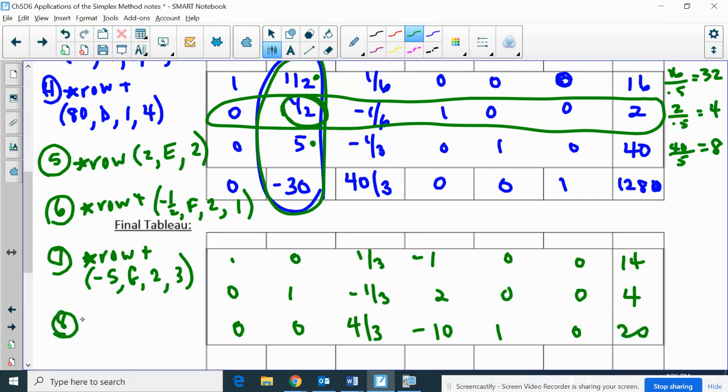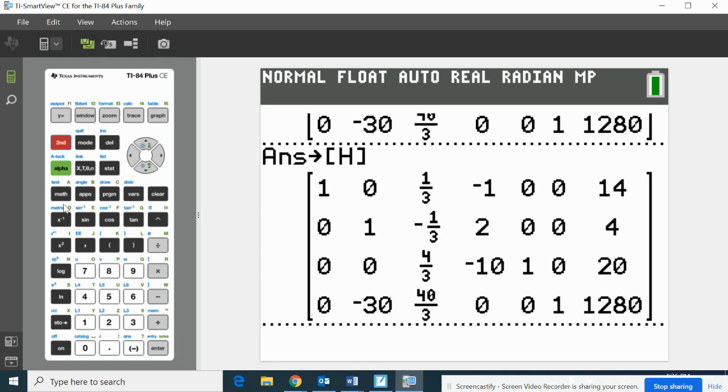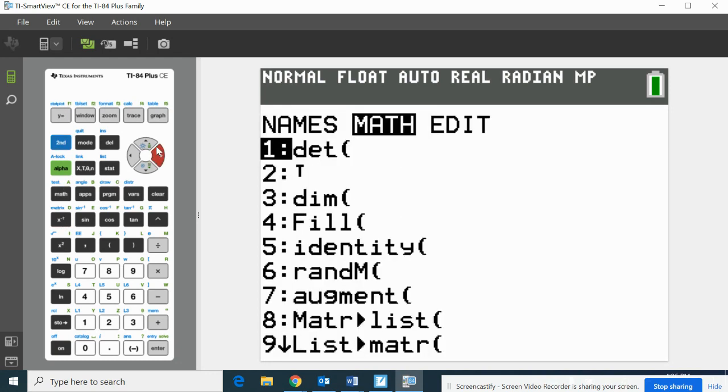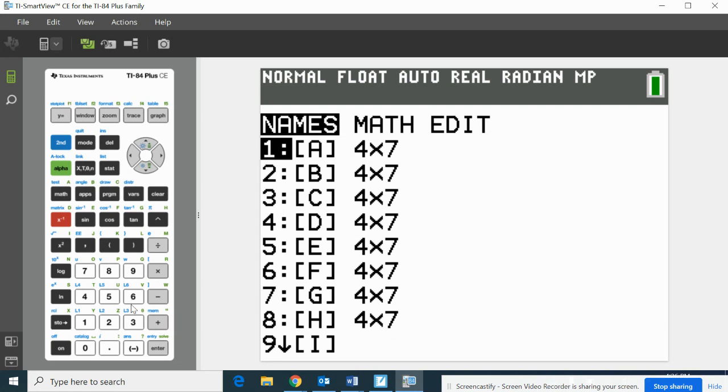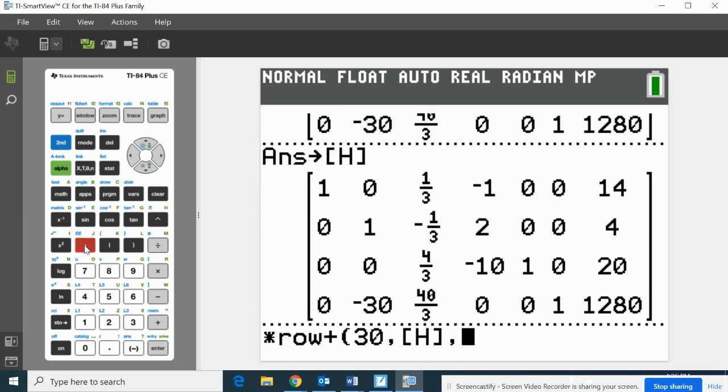So step 8 is another star row plus. I need to make -30 into a 0, so I need to multiply by 30 times matrix H. I need to use row 2 and then add it to row 4. So I'm going to put that in the calculator. So second matrix, math, star row plus, 30, comma, matrix H, comma, 2, comma, 4.